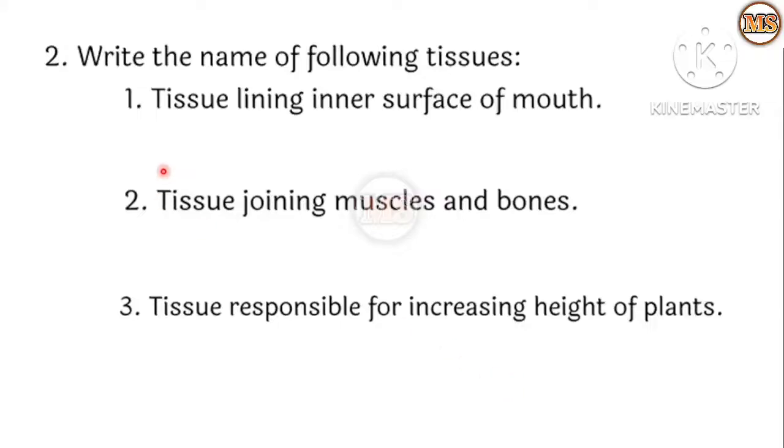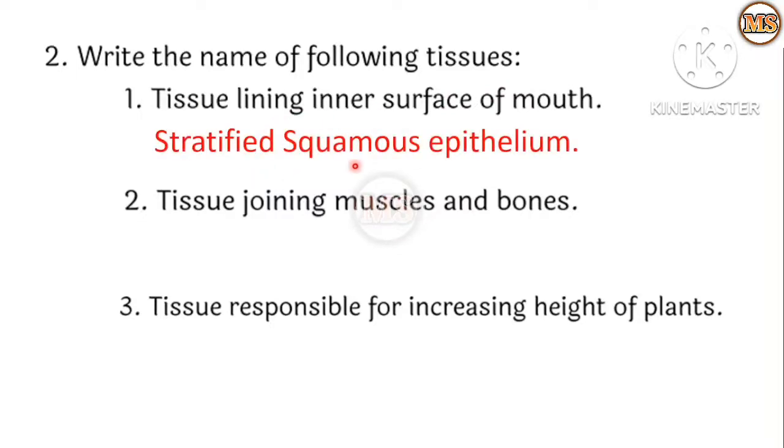Question number 2, write the names of the following tissues. First one, tissue lining the inner surface of the mouth. And the example is stratified squamous epithelium. Then tissue joining muscles and bones. These are the tendons.